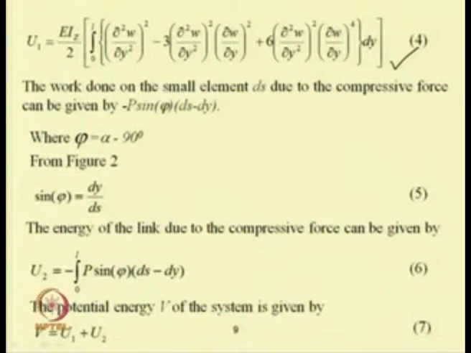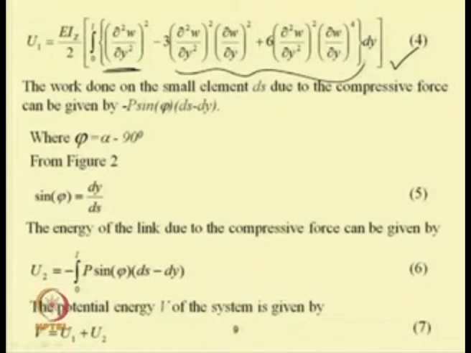E is Young's modulus and I is the moment of inertia of the system. Note that this equation contains not only this term, which is useful for the linear system, but also these additional terms, which make the system nonlinear.